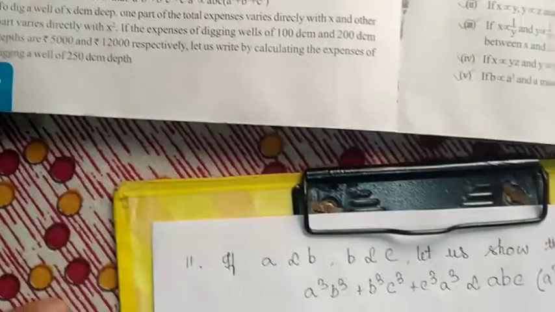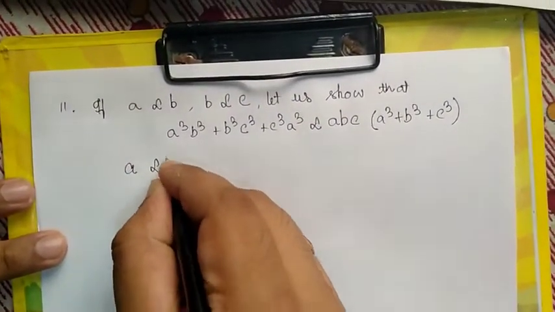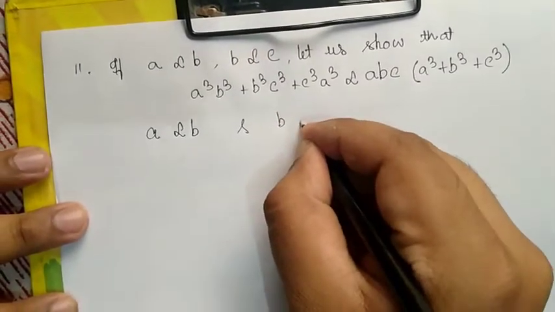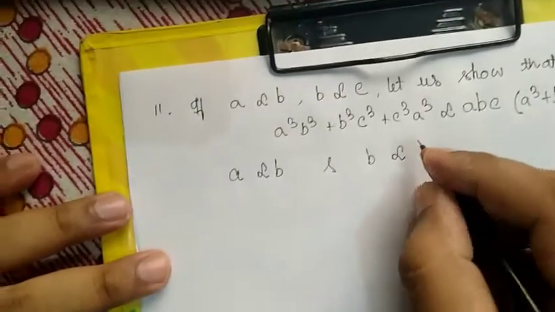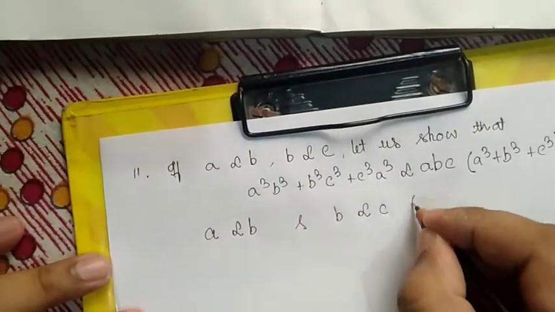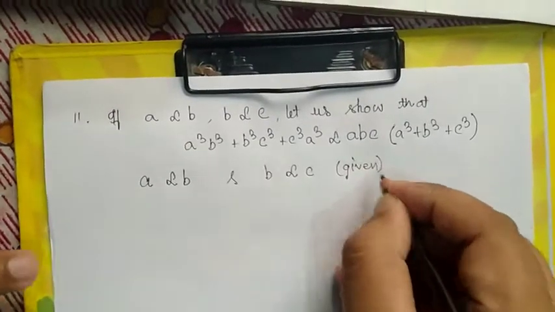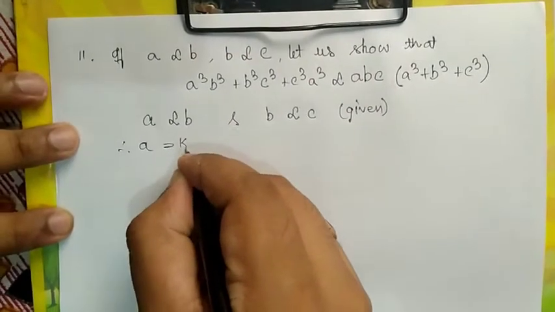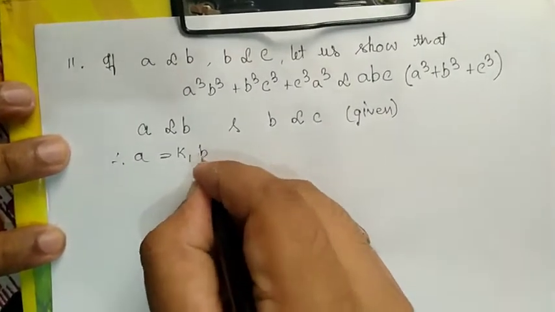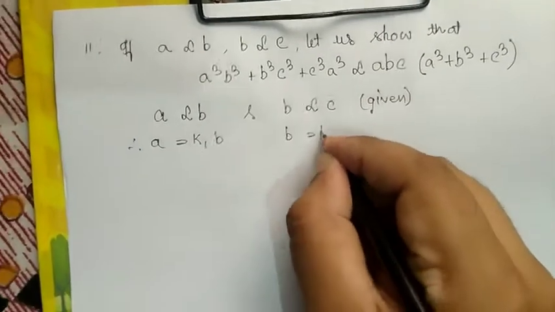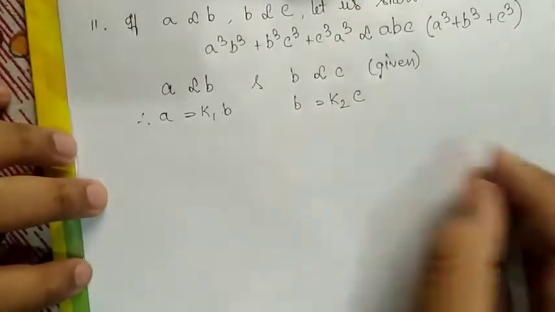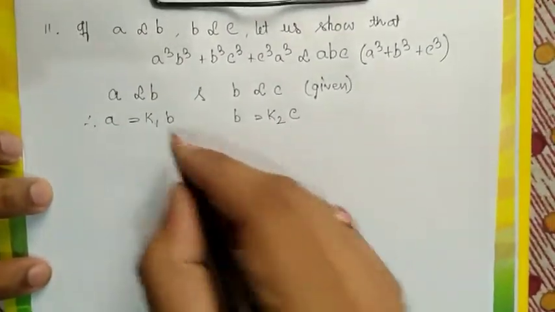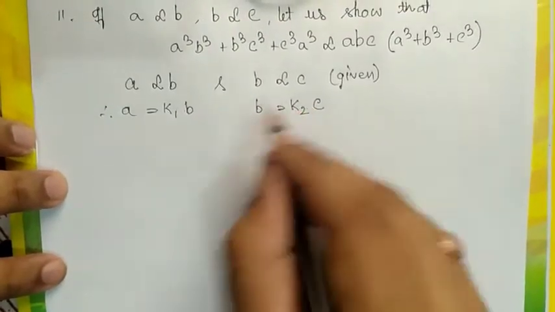Now, A with B and B with C are given, so therefore we can write A equals K1 B and B equals K2 C. Both are constants of variation, but both are different.